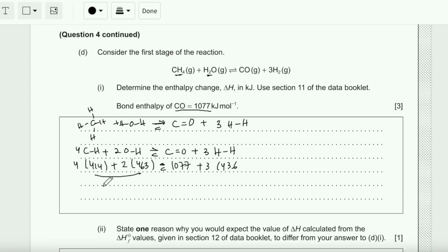If you add this, it's 2582, and this one 2385. To calculate the enthalpy change using bond enthalpy, it's bonds broken minus bonds formed. Therefore 2582 minus 2385 is plus 197 kilojoule.